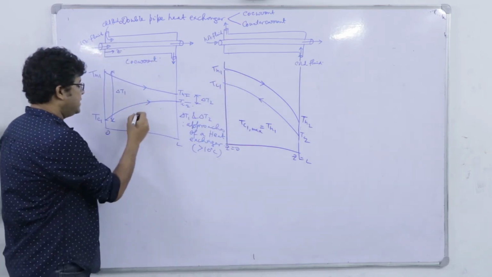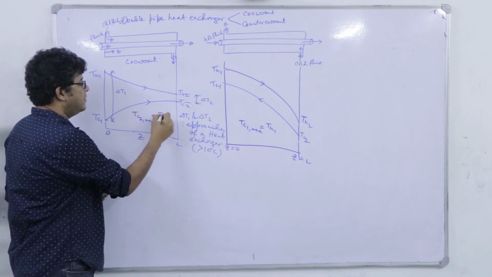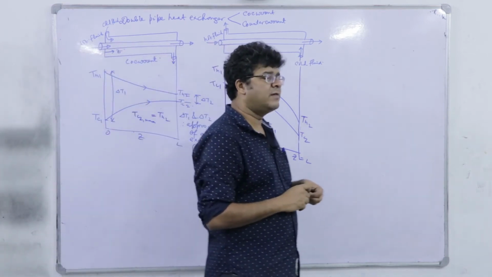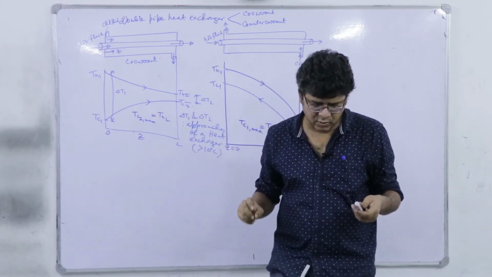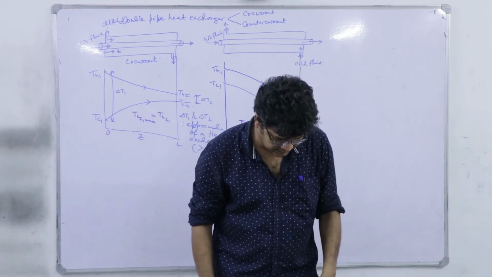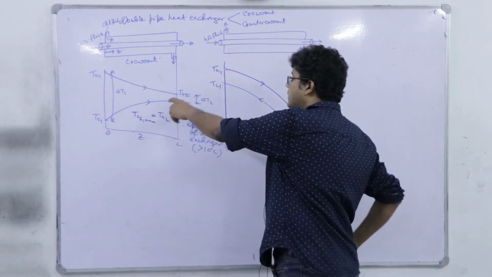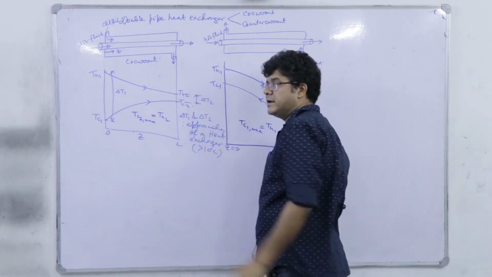On the other hand, here TC2 max is equal to TH2. So the maximum achievable cold fluid temperature in this case of co-current heat exchanger is the outlet temperature of the hot fluid, which is evidently lower than the inlet temperature.